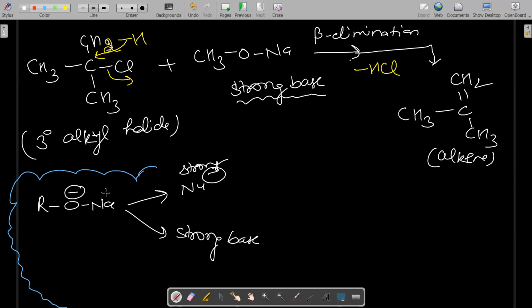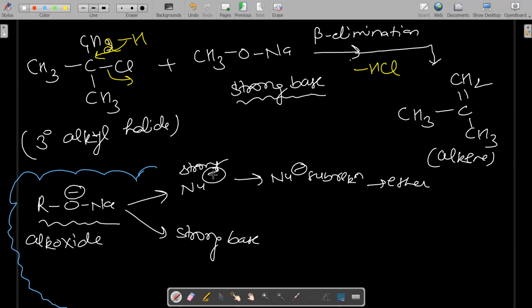When the alkoxide ion behaves as a strong nucleophile, it undergoes nucleophilic substitution reaction and forms ether.